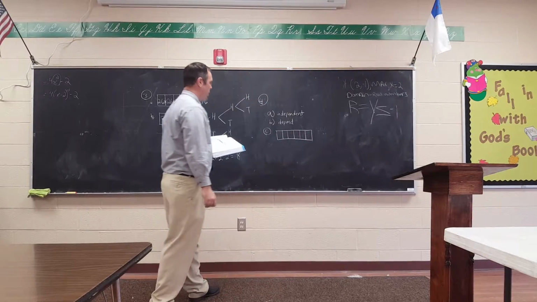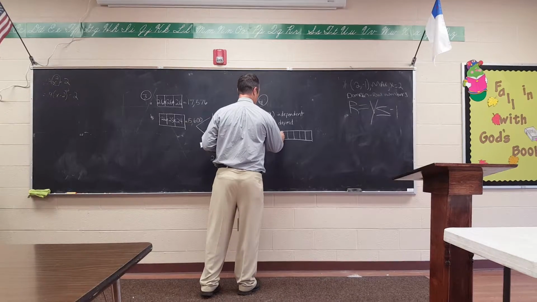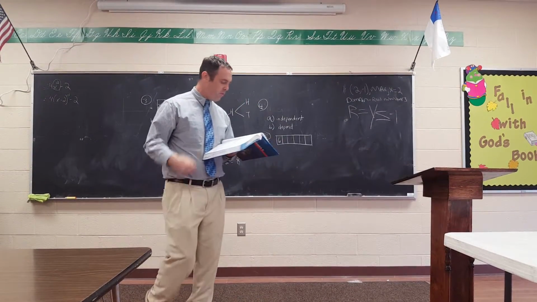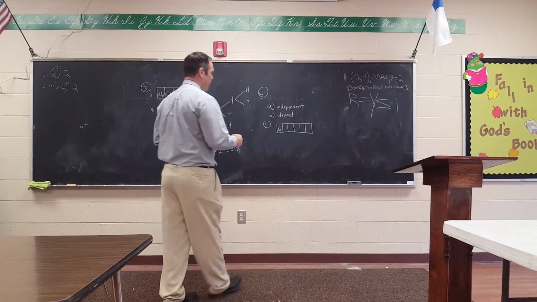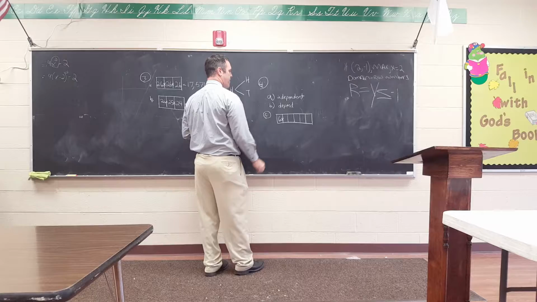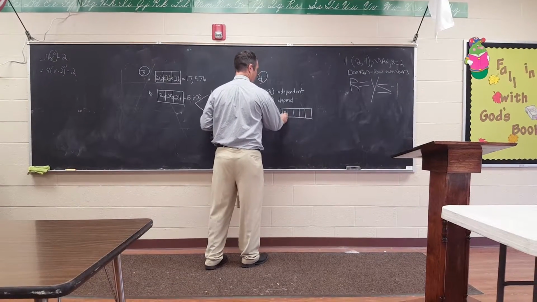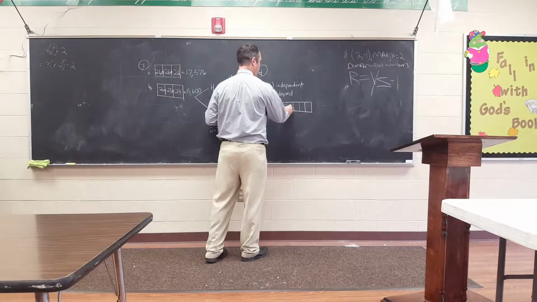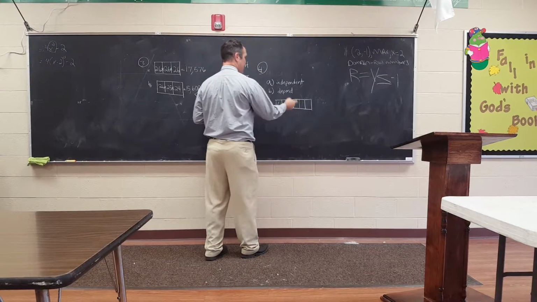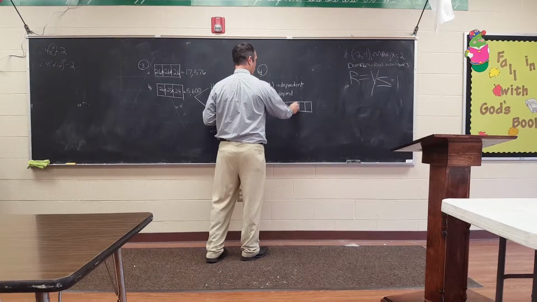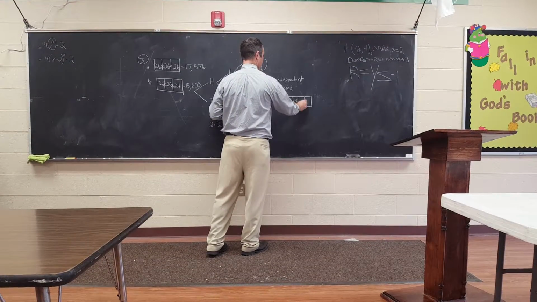For the first one, we would have 6 positions to choose from. Once we've chosen a position, for the next position we only have 5 to choose from. And after we chose those, now we've chosen 2 positions, there would only be 4. So this would be a dependent event because it depends on what we chose previously.